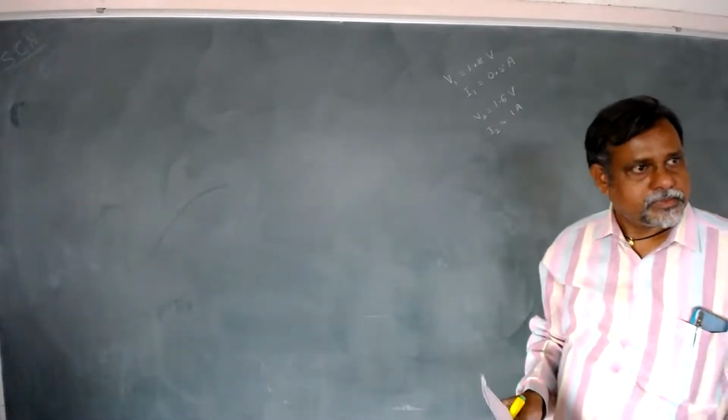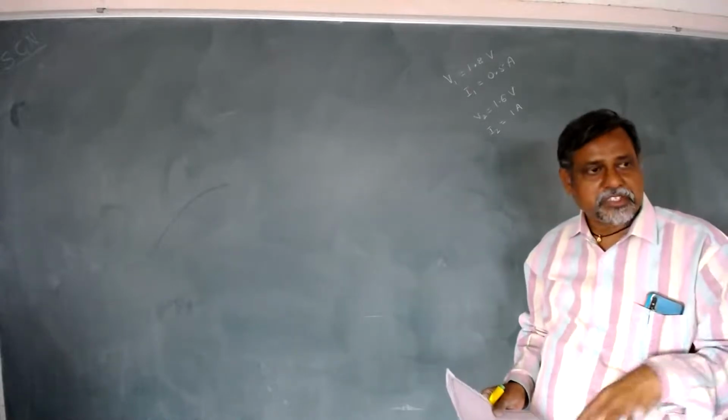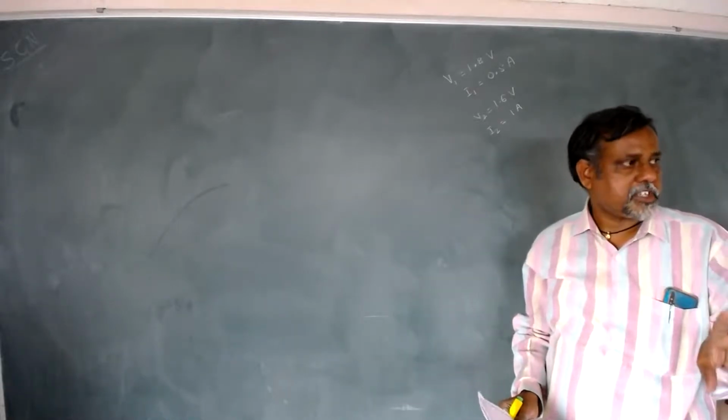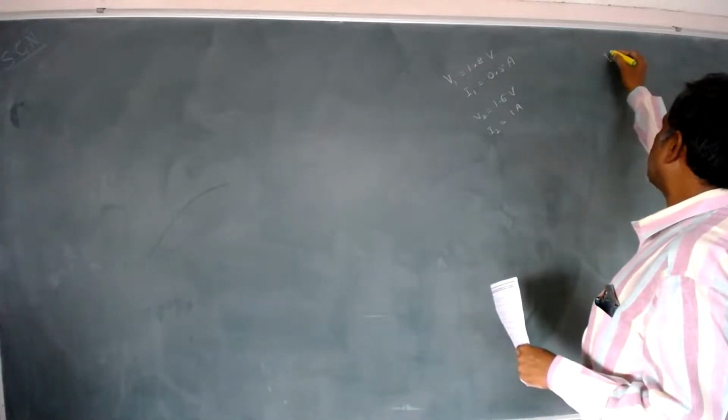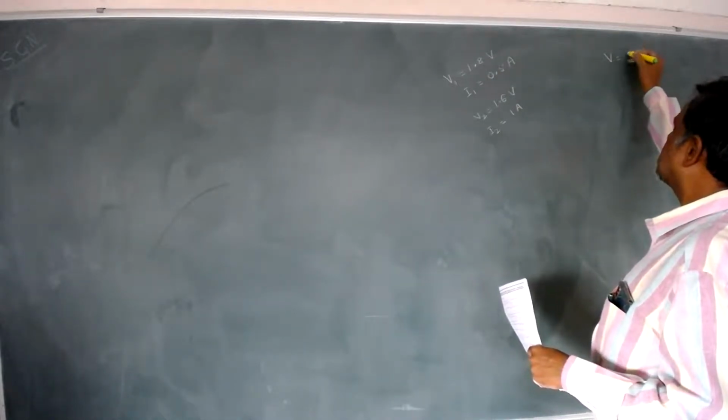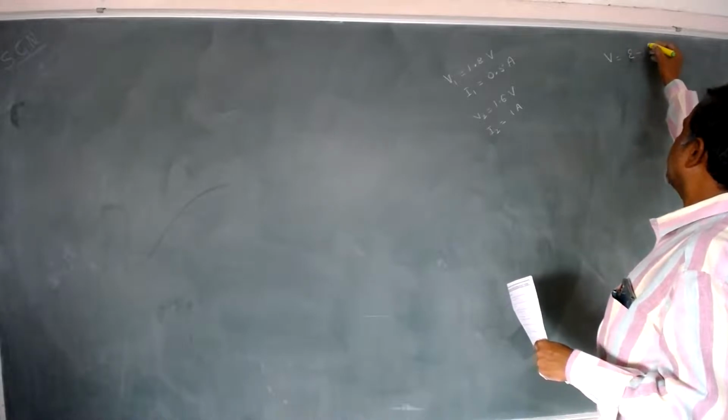Same cell means in both the cases epsilon and the internal resistance will be the same. What is the general formula? V equals epsilon minus IR.